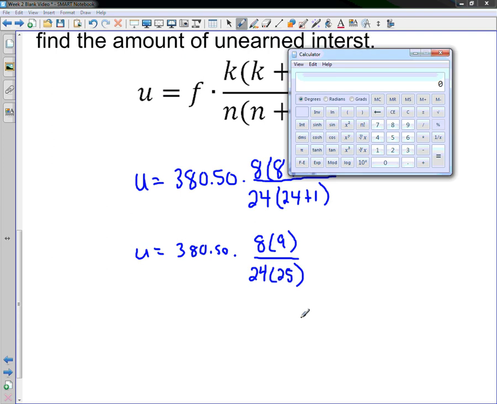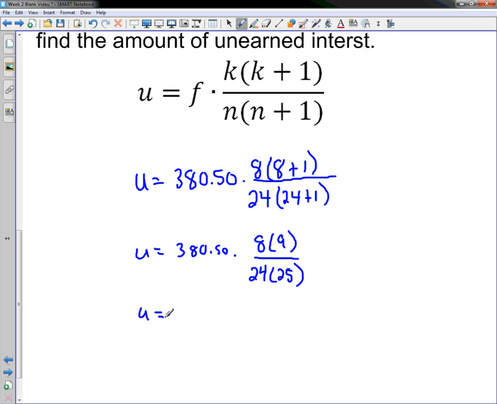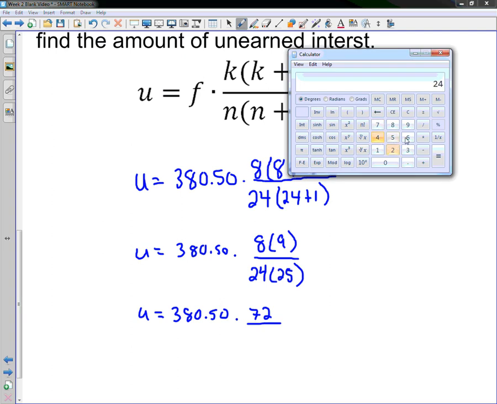Okay. So I'm going to do one more multiplication on top, and then we can, I guess, use the calculator a little more. So we have 8 times 9 on top, which is 72. And then on bottom, we have 24 times 25, which gives me 600.